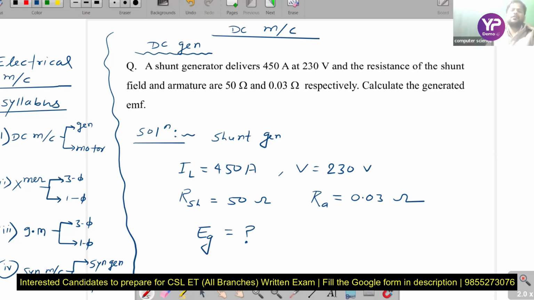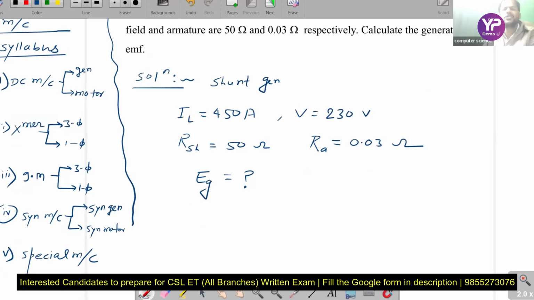This is the information given in this question. Simply, the machine is shunt, the current supplied to the load is 450 and the voltage across the load is 230. Armature resistance and field resistance are given. We need to find the generated EMF.